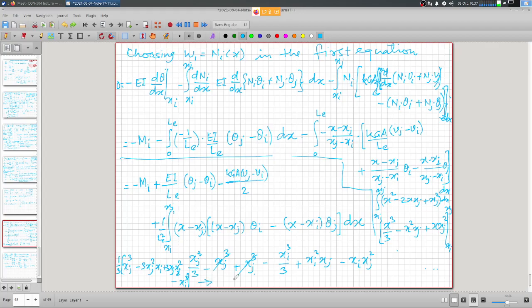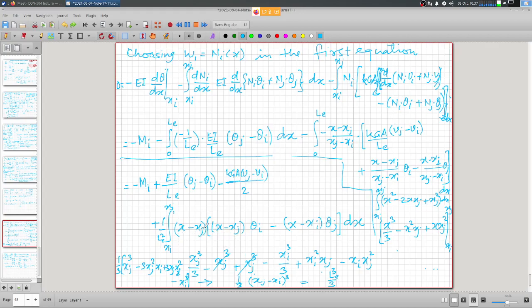So this is equal to xj minus xi whole cube by 3. So that is equal to LE cube by 3.